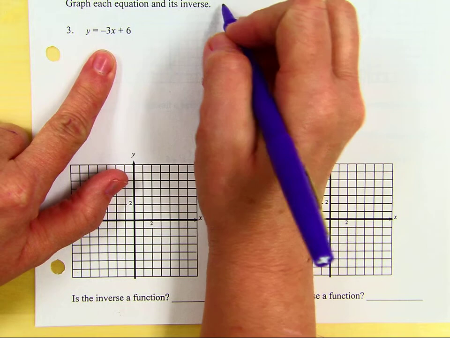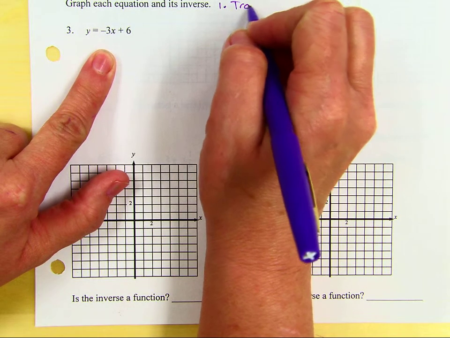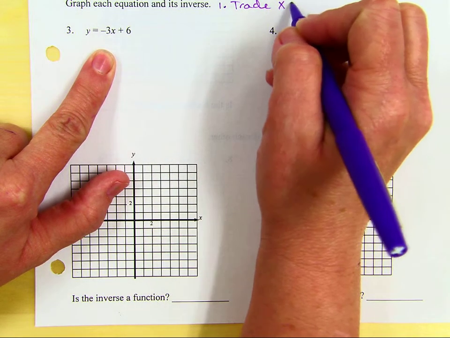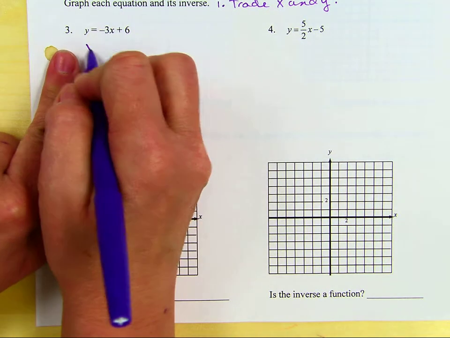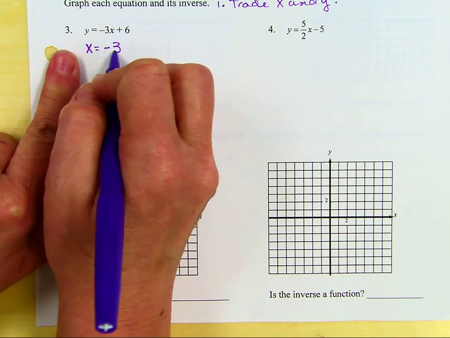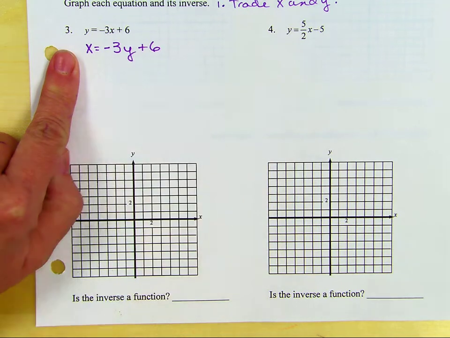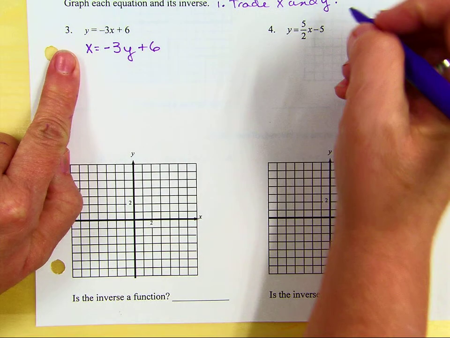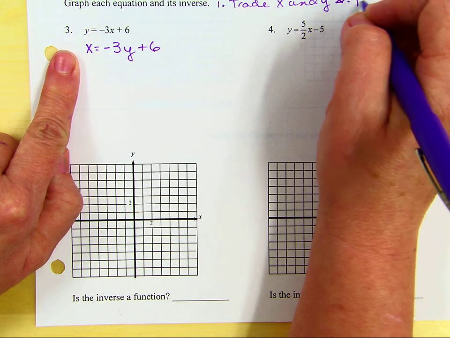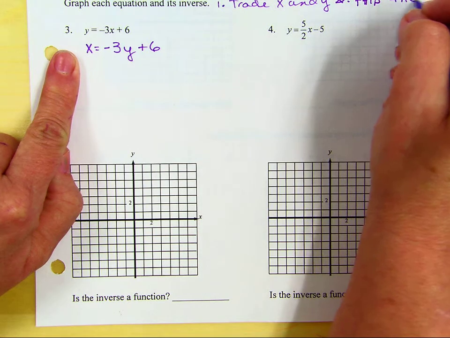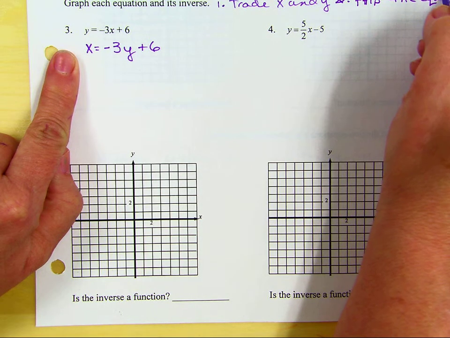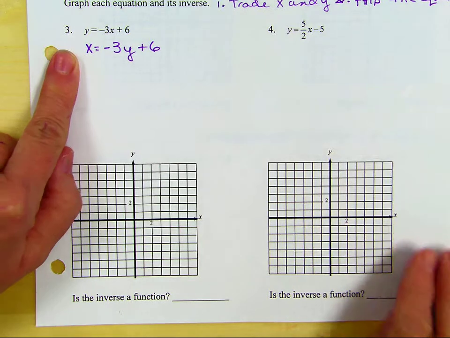First, we're going to trade the x and the y. So x equals -3y plus 6. The next thing we're going to do is flip the equation.